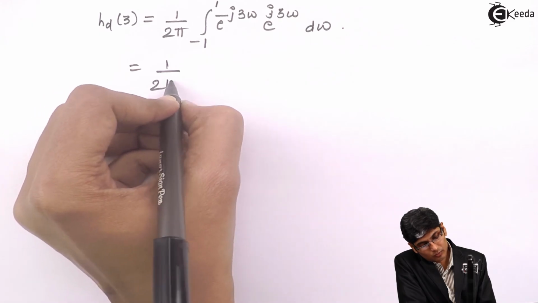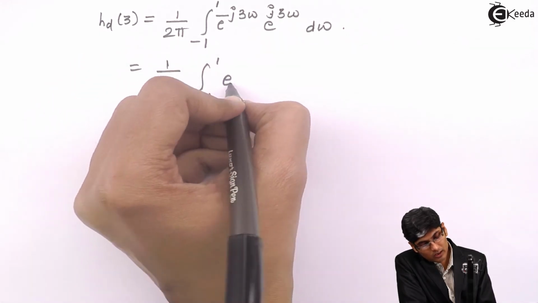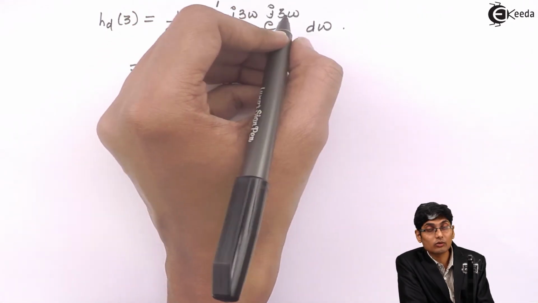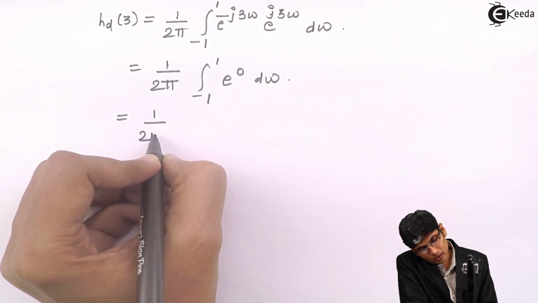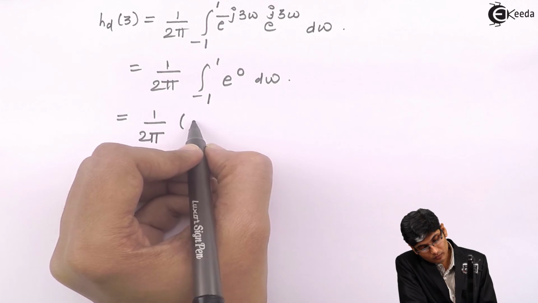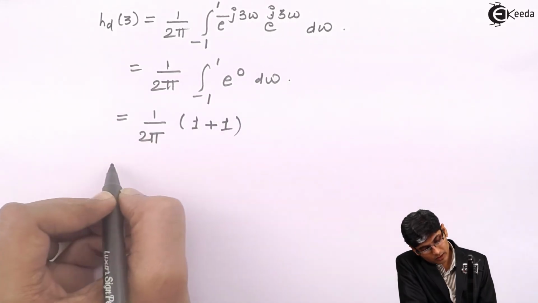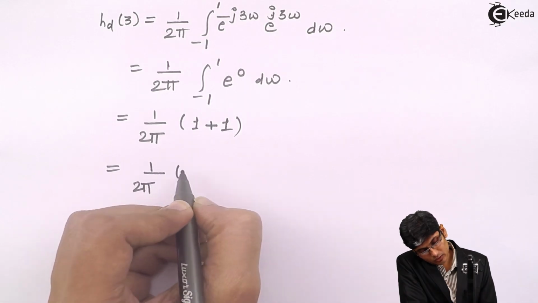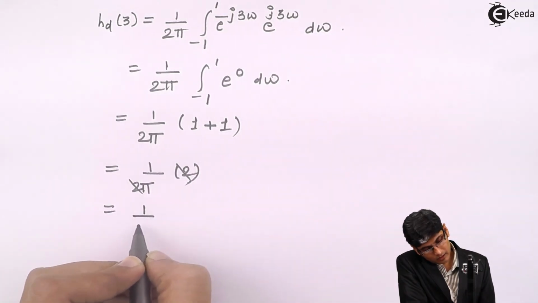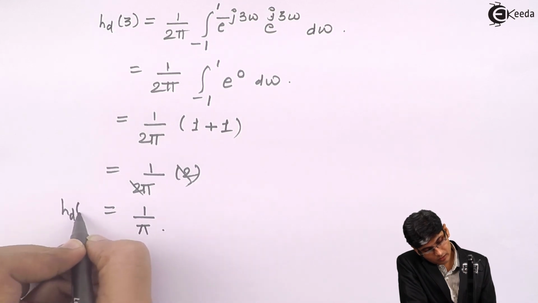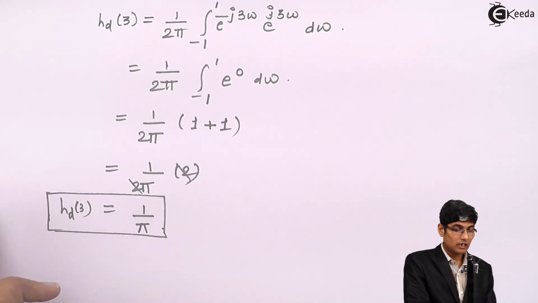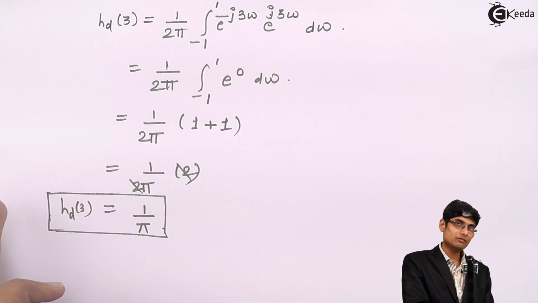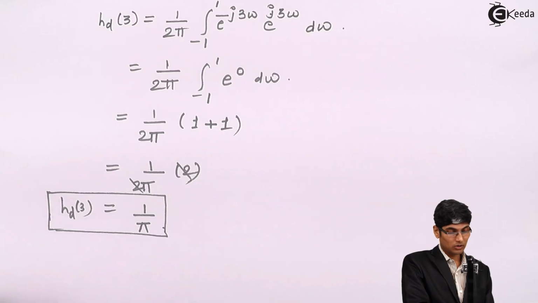When you add the exponents they get cancelled, so that gives 1 upon 2 pi integral from minus 1 to 1 of e raised to 0 d omega. E raised to 0 is 1, so I write 1 upon 2 pi into 1 minus of minus 1, so I get 1 upon 2 pi into 2. The 2 gets cancelled and I get 1 upon pi, that is hd of 3. This is how we normally find the value for an undefined condition: we take the value of the sample at n, integrate again and get the solution.